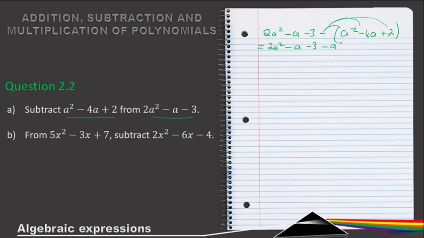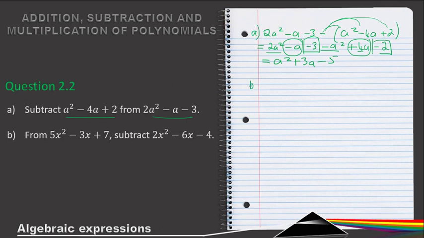That becomes minus a squared plus 4a minus 2. So adding this and this, and then these two terms, and then those two terms. 2a squared minus a squared is a squared. Minus a plus 4a is plus 3a. Minus 3 minus 2 is minus 5.